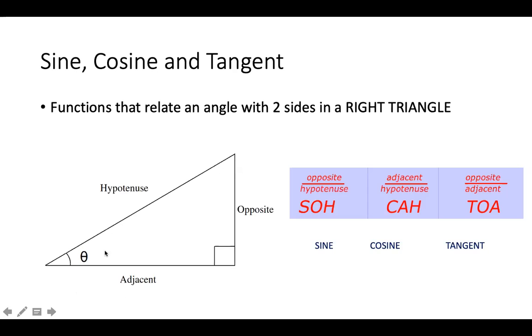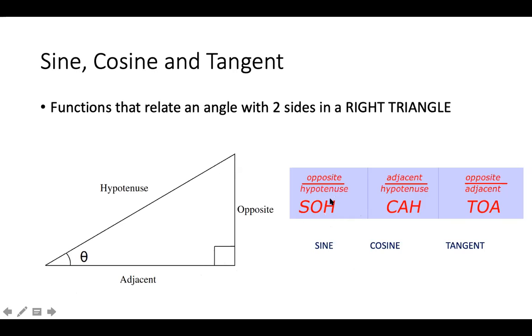So based off of this image I am showing right here, we have an angle that we're just referring to as theta. And then we can see that this is the 90-degree angle right here, which is depicted by this small box that they have drawn here. Now, I'm going to talk about the mnemonics. SOHCAHTOA. SOH is in relation to sine, which means the opposite over the hypotenuse.